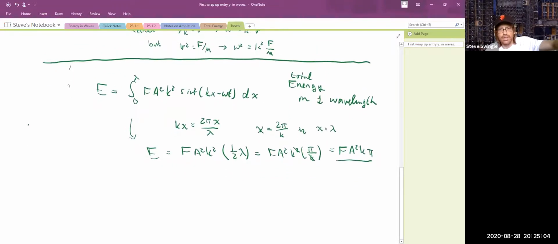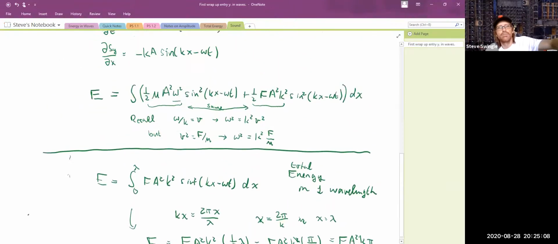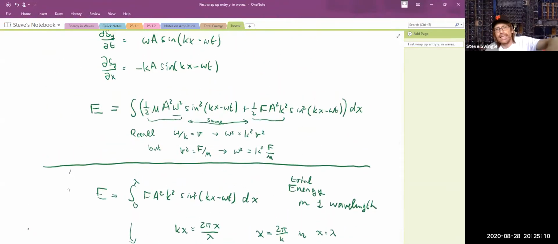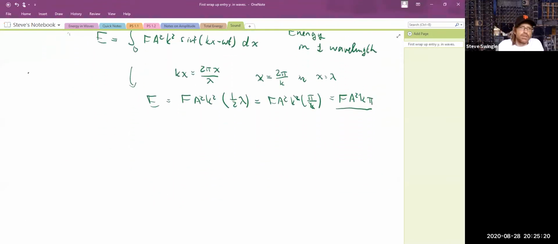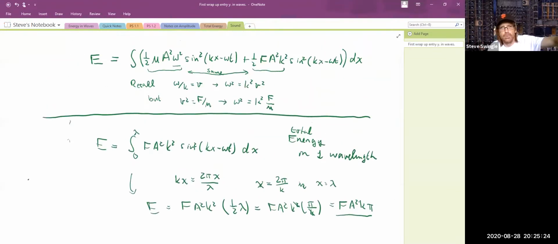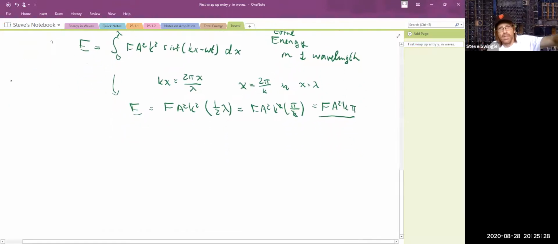If I instead chose to put everything in terms of the kinetic energy, then the linear density would be useful, but then I also need to know omega. In this example, I'm presuming that we know the tension, right?